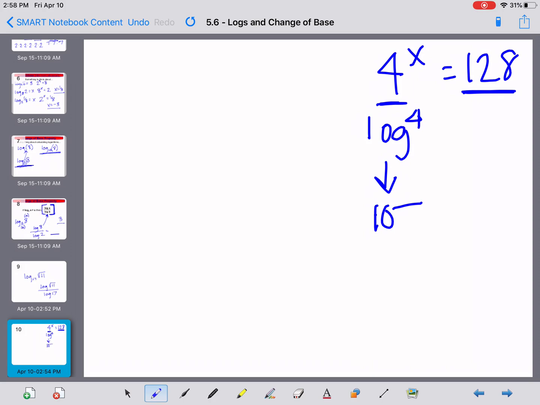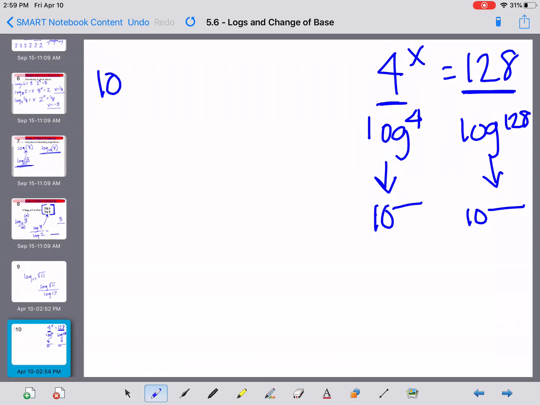Log of 4 is the log base 10 of 4, what the output is to get 4. Same thing with the 128. We'll go log of 128, and what that'll give us is 10 to the something, and that'll be equivalent to what 128 is. So let's change those into all base 10 values.